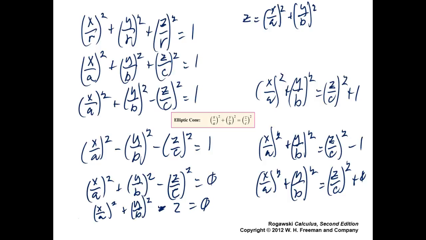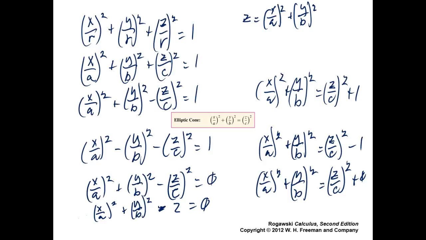Now, what kind of shape do you have? Your horizontal traces where z is a constant, those are ellipses. But where, say, y is a constant, what do you have? z is equal to something times x squared. That's a parabola.